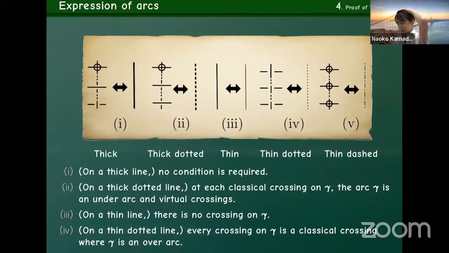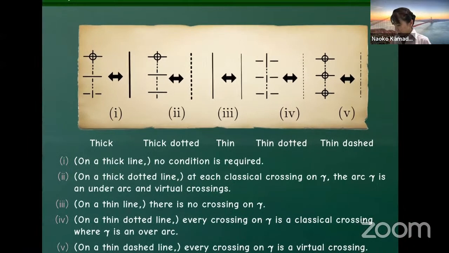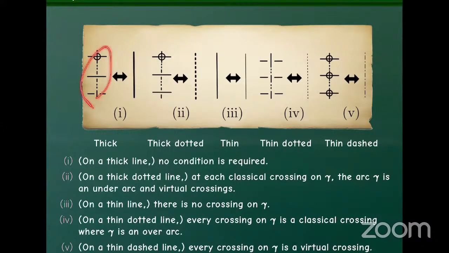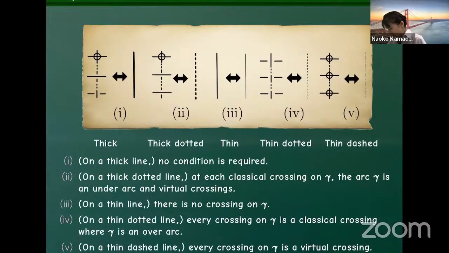So to prove our theorem, we describe our arcs using thick, thick dotted and thin dotted lines. We use a thick line, and a thick dotted line where at each classical crossing on the arc gamma, gamma is an under arc, and at virtual crossings. In this case we use a thick dotted line.